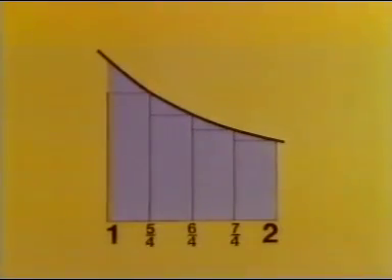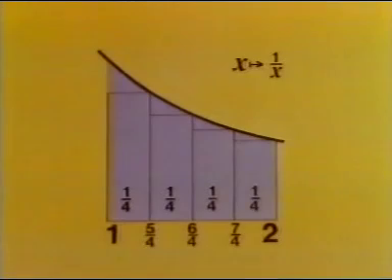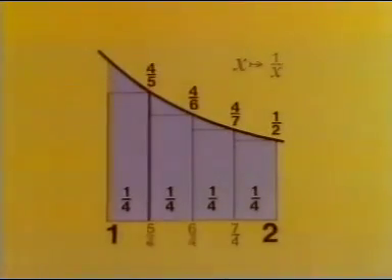The width of each rectangle is 1/4. And we can calculate their heights using the formula for the graph. And now we can calculate the areas of the 4 rectangles.